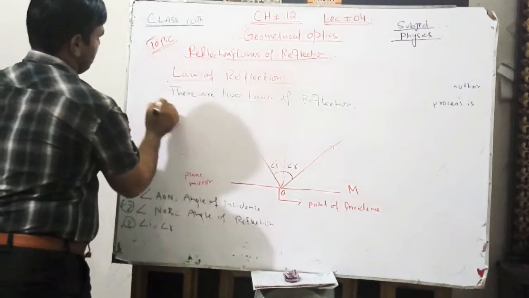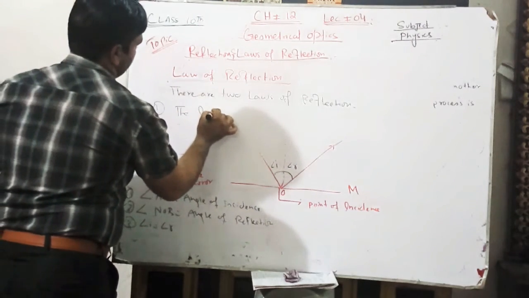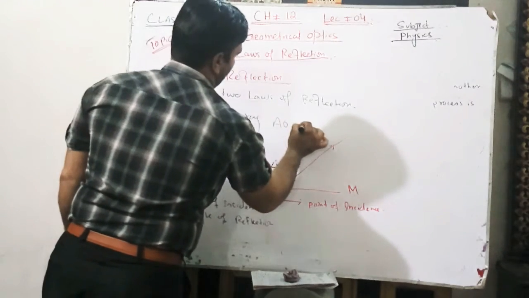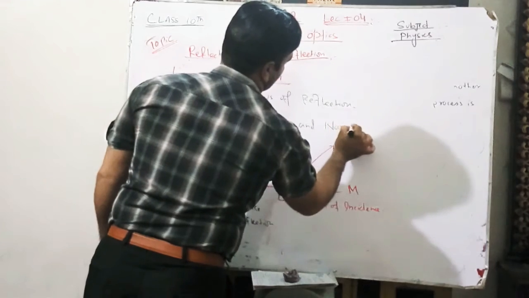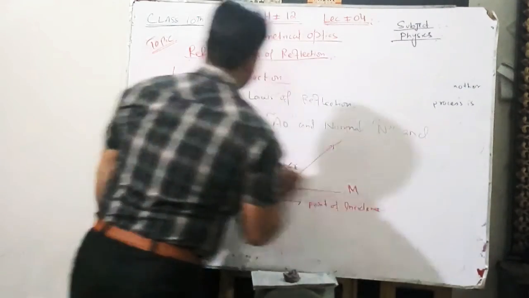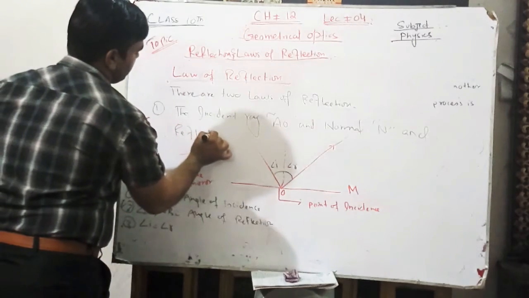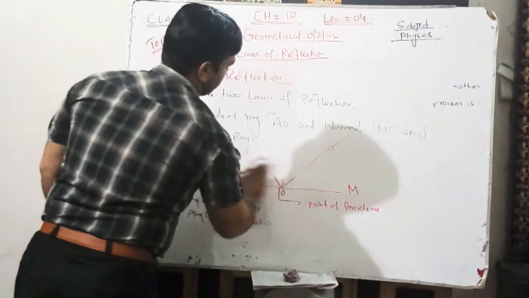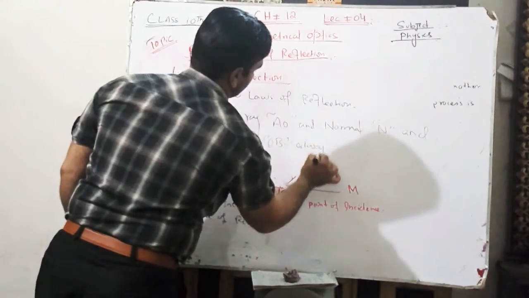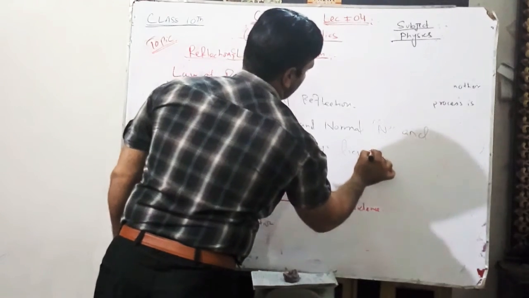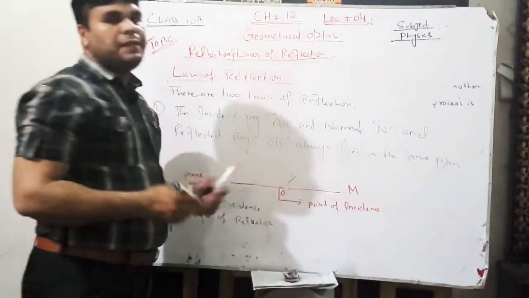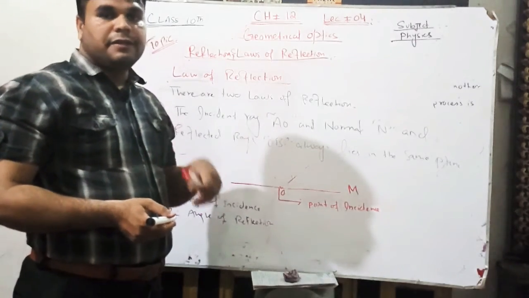Number one, the incident ray which is AO, and the normal which is N, and the reflected ray which is OB, always lie in the same plane. It means that they do not change their medium, they remain in the same medium.